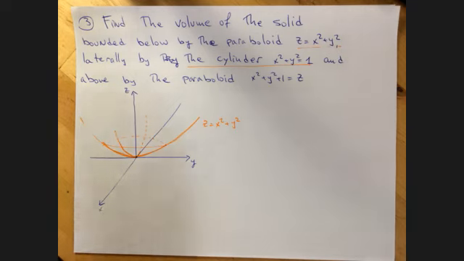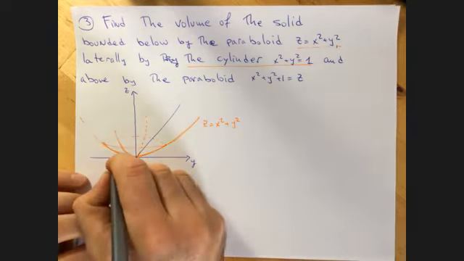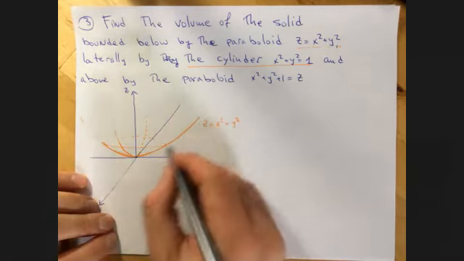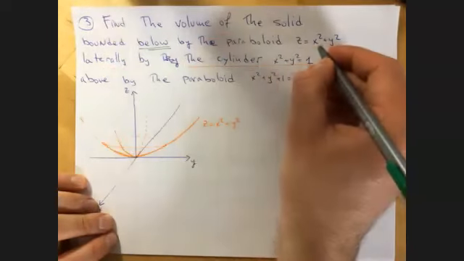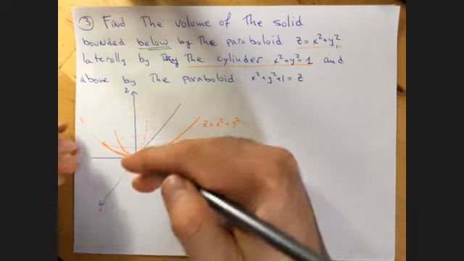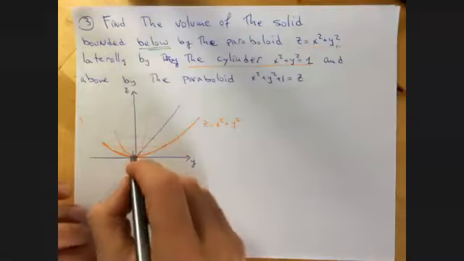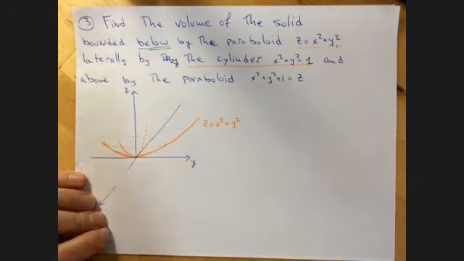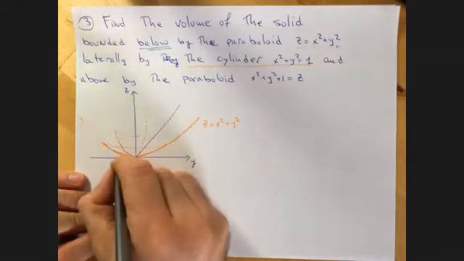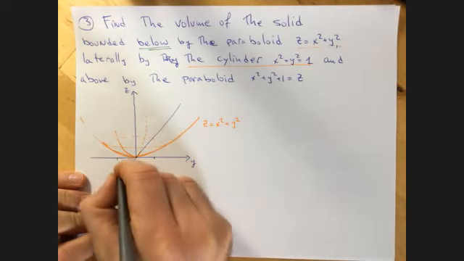Then I have the cylinder x squared plus y squared is equal to 1. So this is the floor, right? Because it says bounded below by this paraboloid, which means that my solid starts from this paraboloid going up, right? So the cylinder x squared plus y squared is equal to 1. Let's say this is negative 1 and 1.